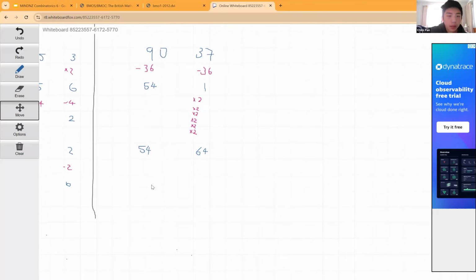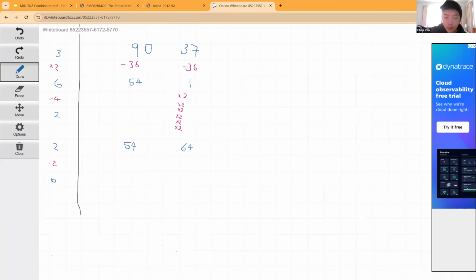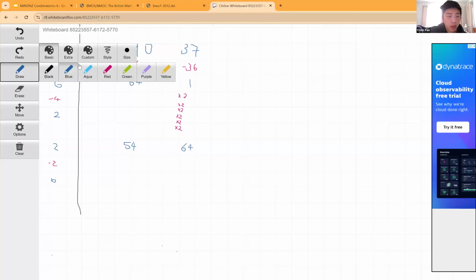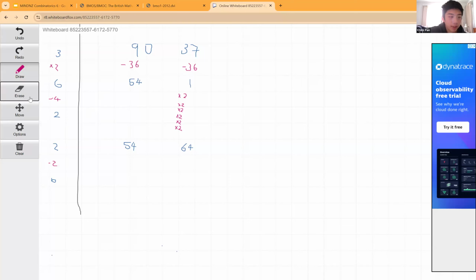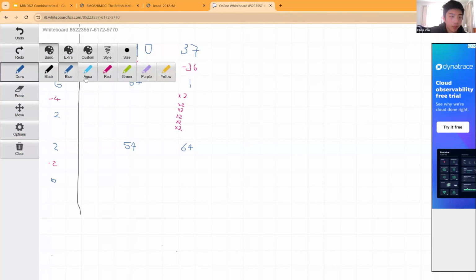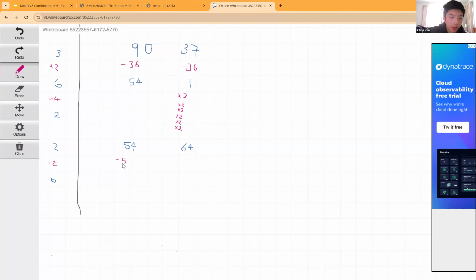And now we can subtract until the smaller one becomes one again. So if we do this, we subtract 53 from both sides, and we end up with 1 and 11.